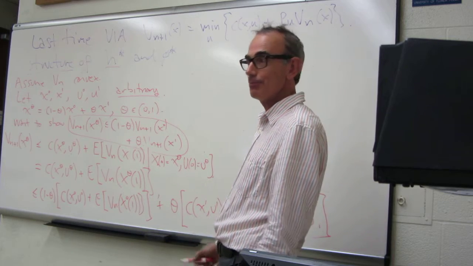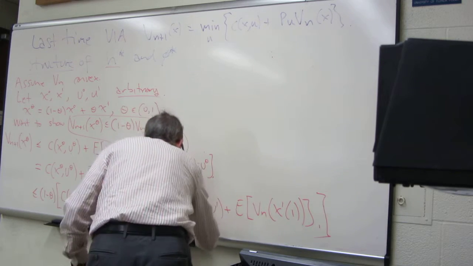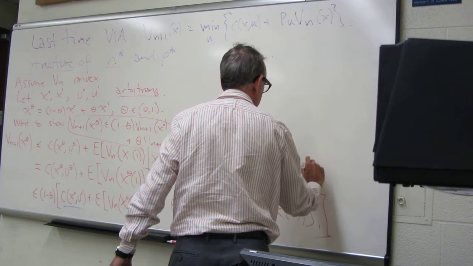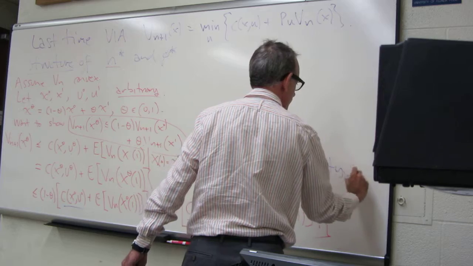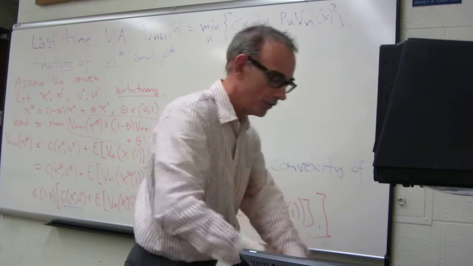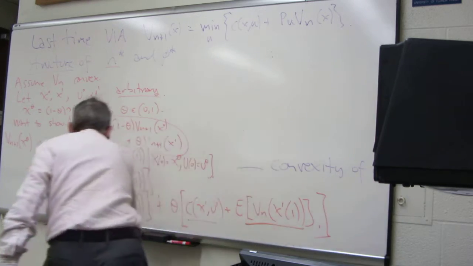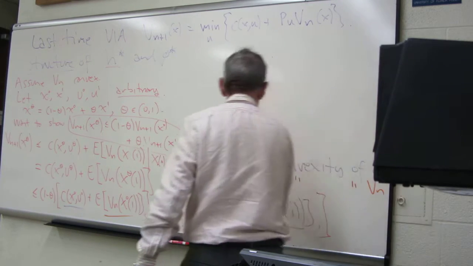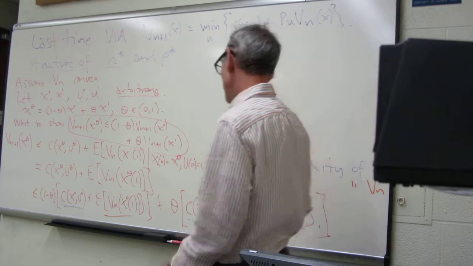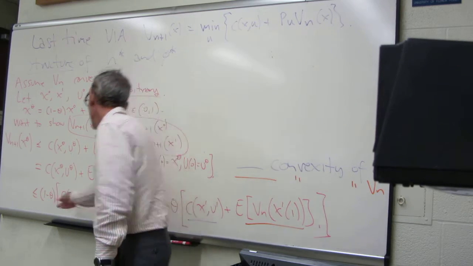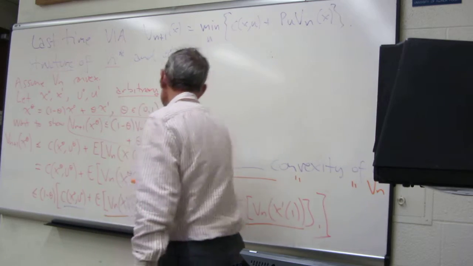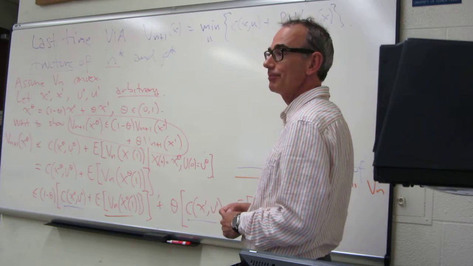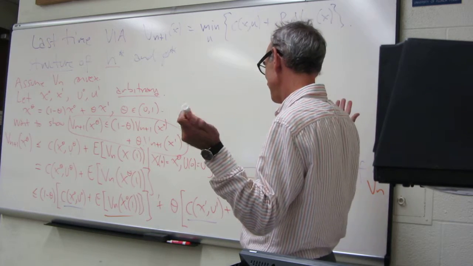That's convexity of C. So right here I'm using convexity of C. And over here, I took this and I said it's less than or equal to 1 minus theta times this plus theta times this. That's convexity of V_n. All right? Done. Almost.